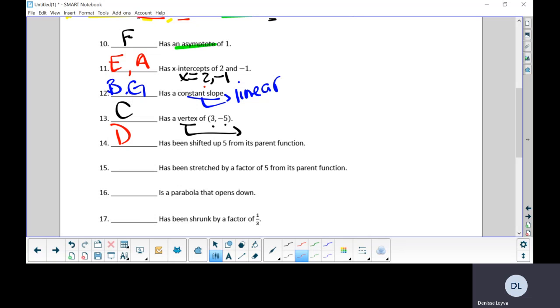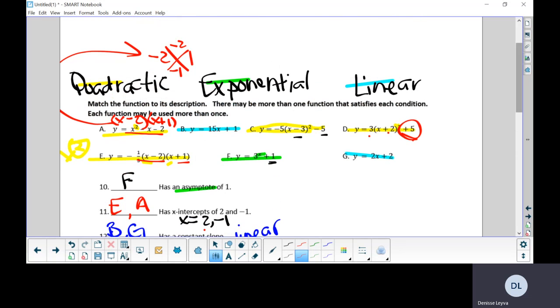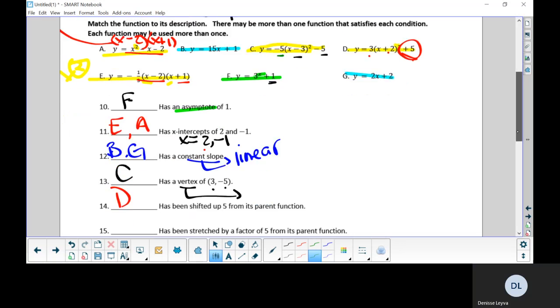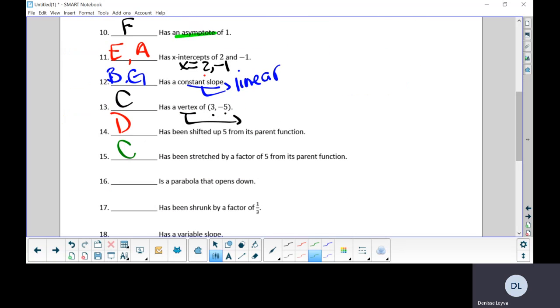Negative means reflection, and when there's a number in front, it is a stretch. So we're going to look for a stretch of 5. So we want to see a 5 in the front. If you guys look here, there is a 5 in the front right there for C. So C is question number 15.